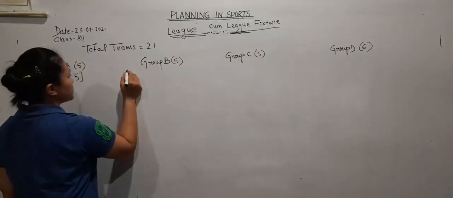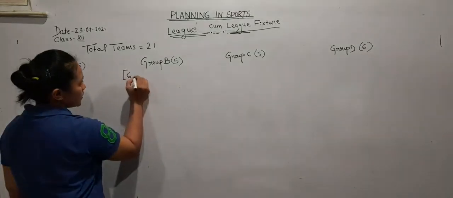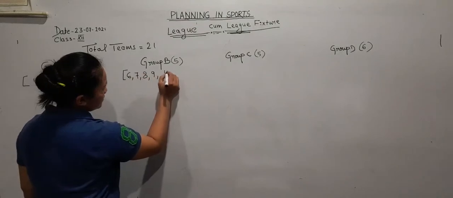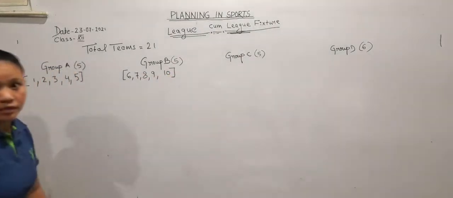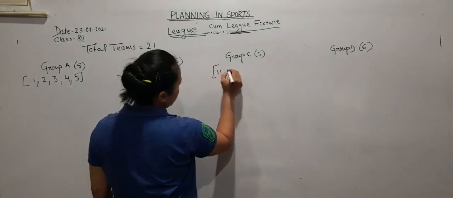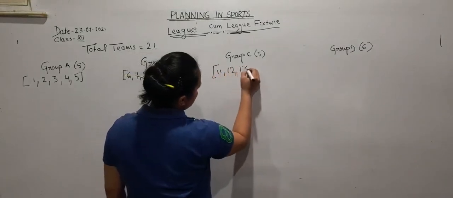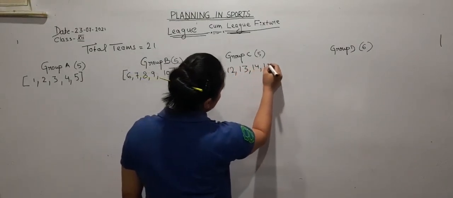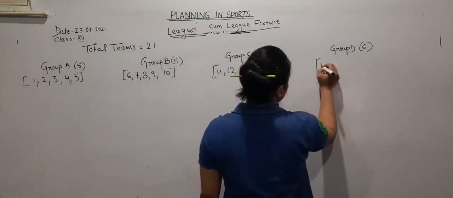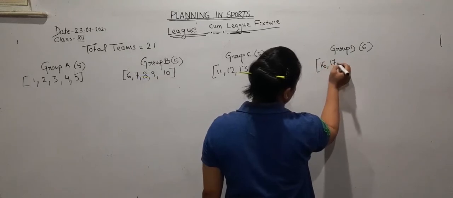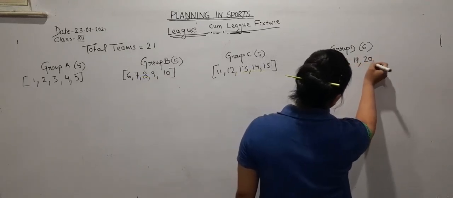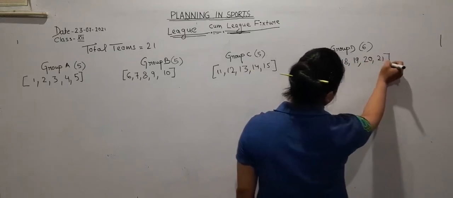Group C, 6, 7, 8, 9, 10. Okay. Now Group C, 11, 12, 13, 14, 15. And Group D, 16, 17, 18, 19, 20, 21.